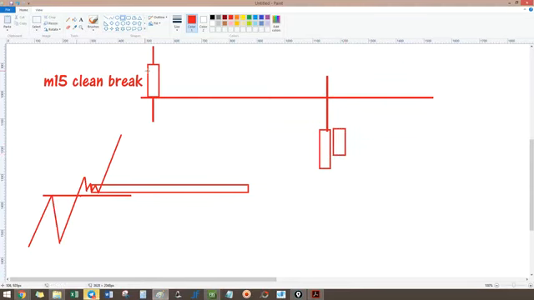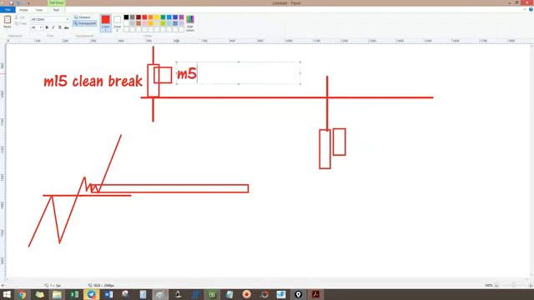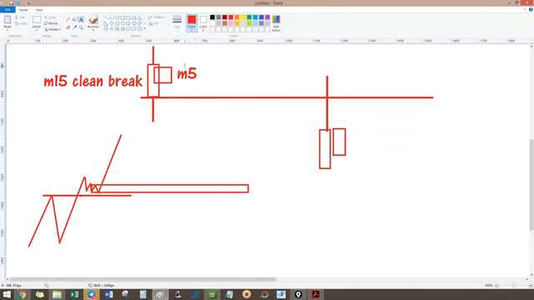But if you top down over here in M5, for example, you have something like this. I will draw something like this. On M5, you have something like this. You are using M5, okay?